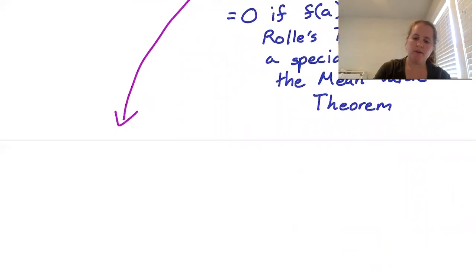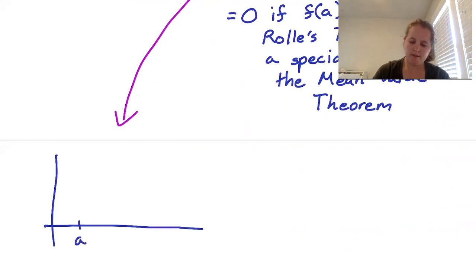So we have our graph. Here's A and B. Maybe here is the point A, f of A, and here is the point B, f of B. And the graph does whatever it does in between.